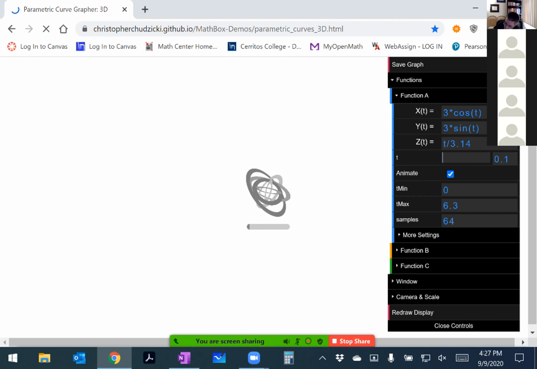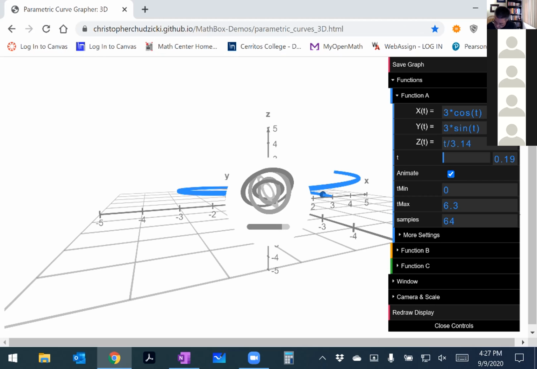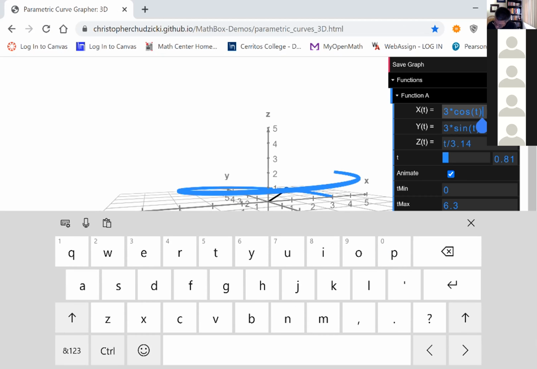Okay, so I'm going to go to my parametric curve grapher here. Let's see, what if I just plug in t?